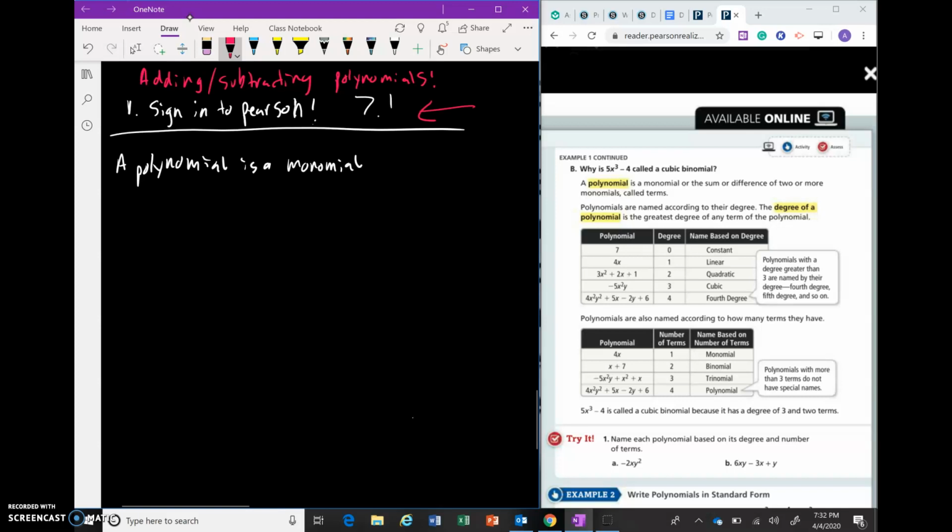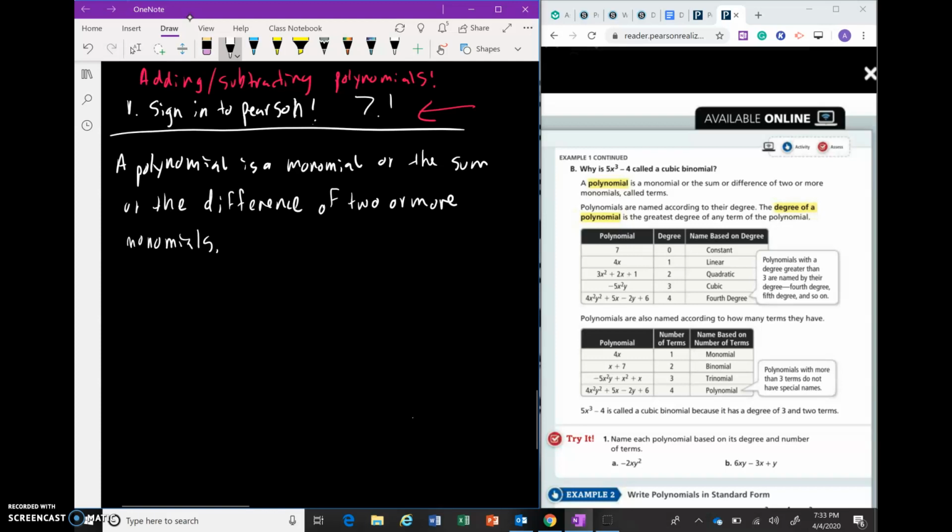A polynomial is a monomial, or the sum or the difference of two or more monomials.